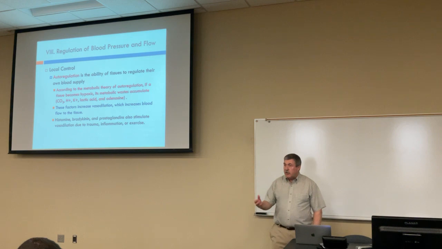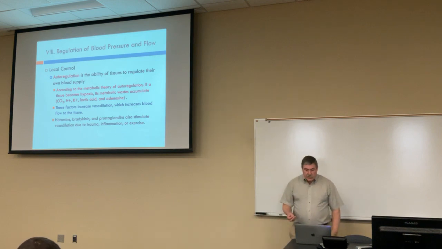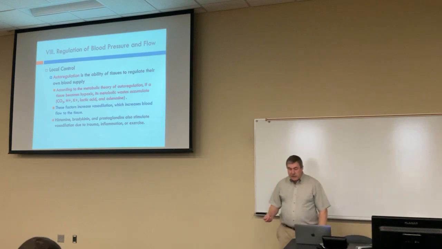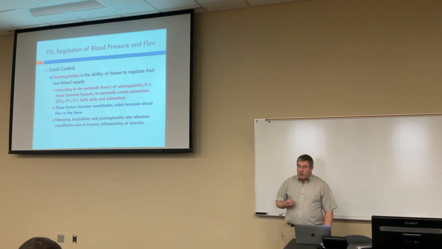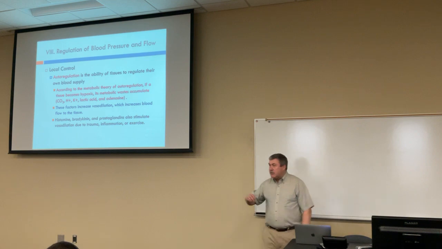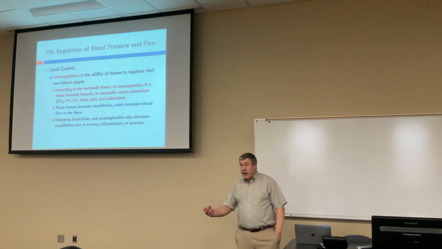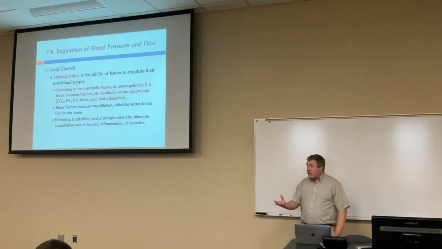So if you don't get enough blood flow to tissues, metabolic wastes start building up, like lactic acid and carbon dioxide and hydrogen ions and potassium ions and adenosine. Those metabolic byproducts, most of which are from anaerobic metabolism, directly affect the smooth muscle in the walls of the blood vessels that supply those tissues, and cause vasodilation.